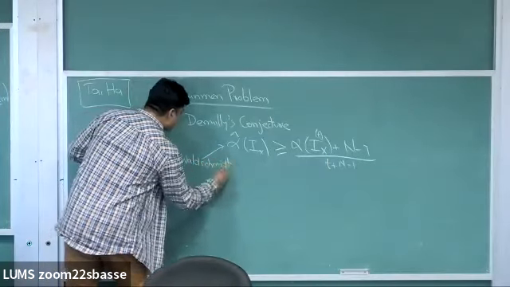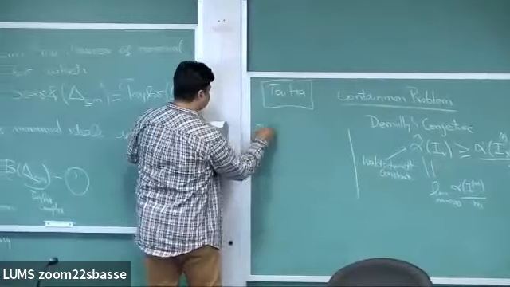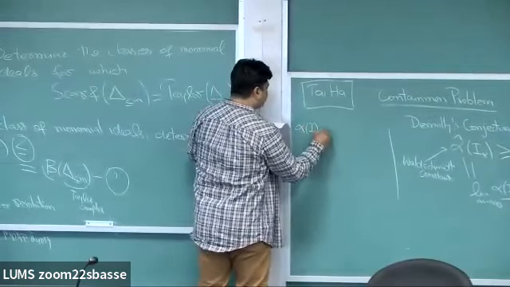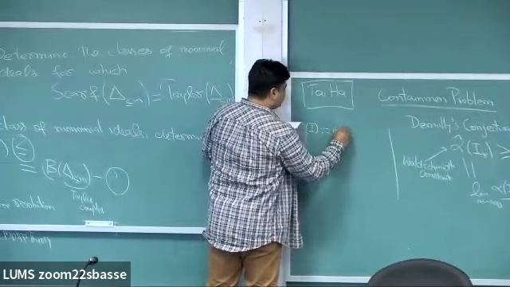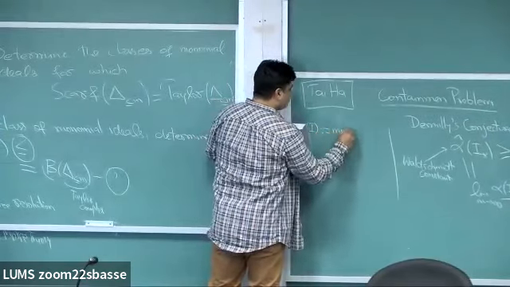Now, what is alpha of an ideal? Alpha of an ideal is the minimum of the degree of u such that u belongs to I. So in the case of a monomial ideal, this is the minimal degree of the monomial appearing in the generating set of the ideal I.